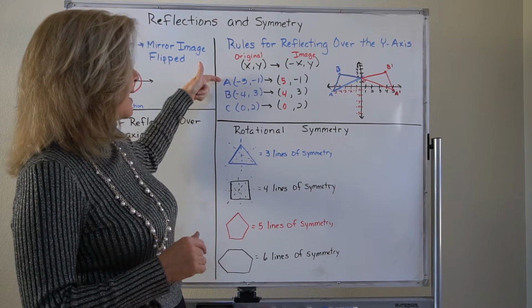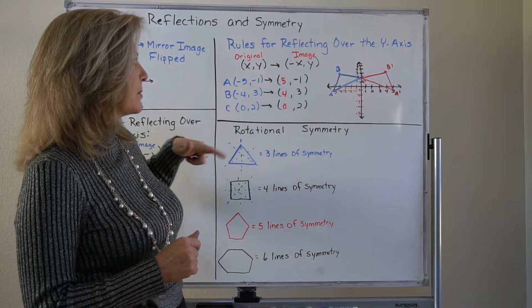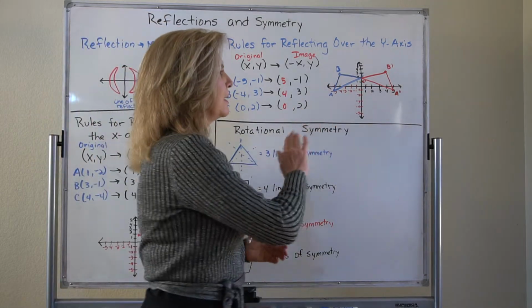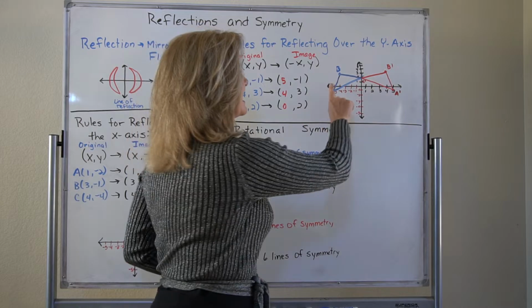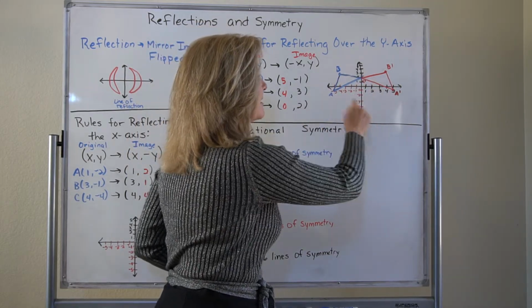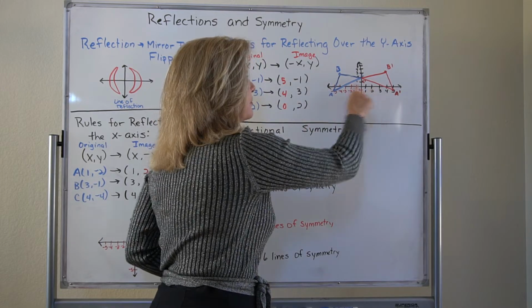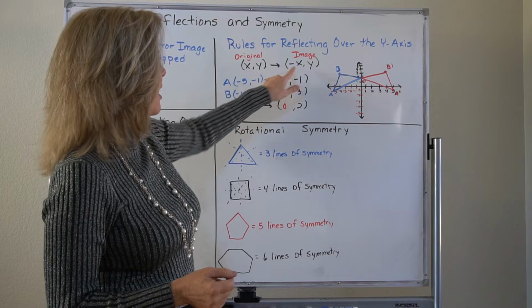So if I had these pairs, A is (-5, -1), B is (-4, 3), C is (0, 2), here's my original figure. I'm going to flip it over that y-axis. So we can see that the y's are going to stay the same. I'm not moving on that y-axis. What I'm moving on is the x-axis. So my x's are going to go to the opposite.